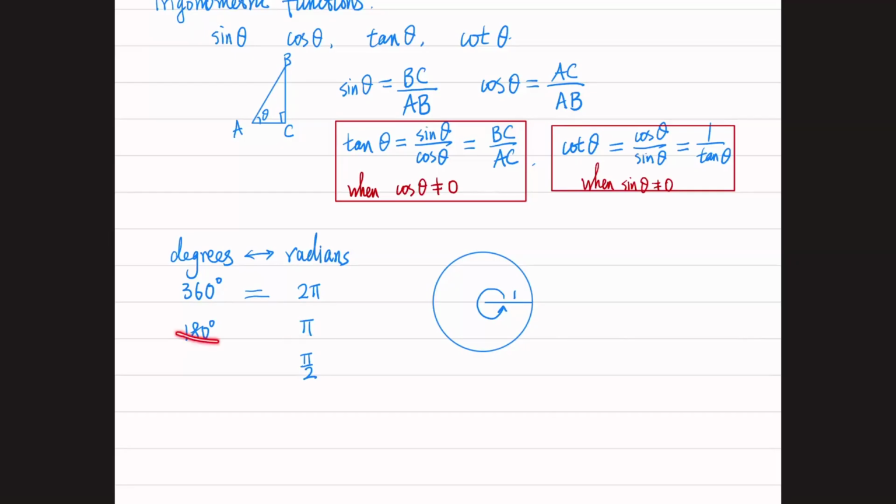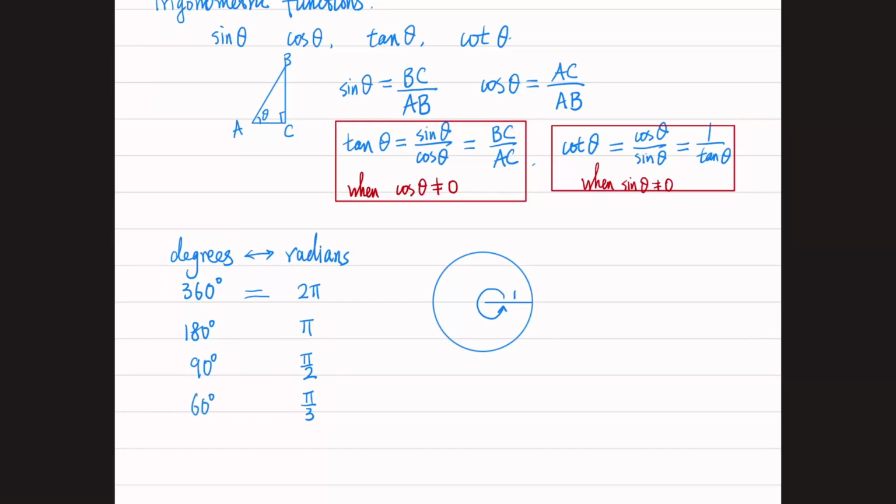Check my hint here. If pi is 180, what about pi over 2? 90. Yes. You don't have to check your paper, you can just compute it. Aaron, pi over 3? 60. Okay.